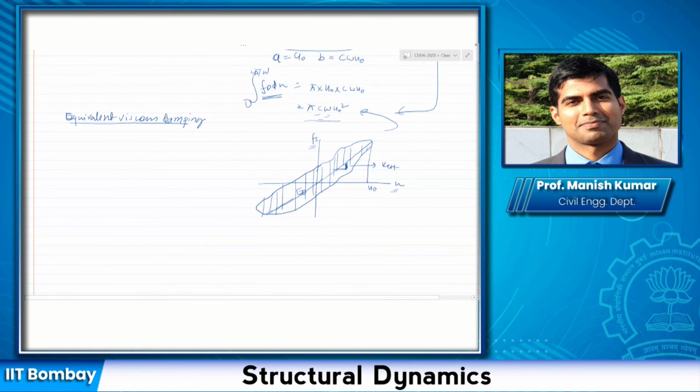So what do I need for the system to idealize? I had a system which requires the stiffness and the damper. These two things are required. The problem here is Fs versus U is not linear. It is some random non-linear shape, but I still want this K value and C so that I can represent it as a linear system.